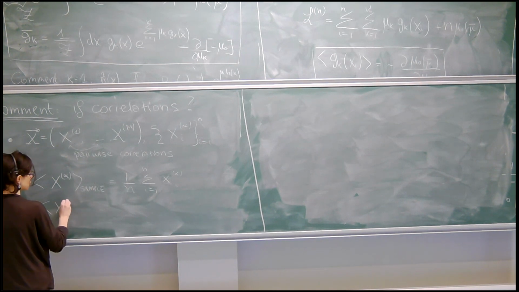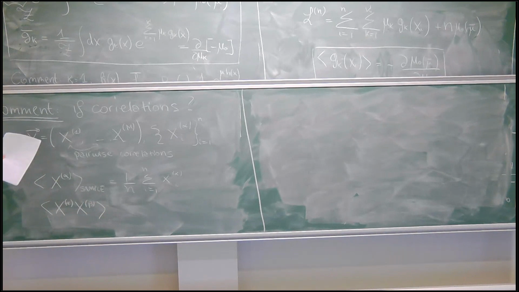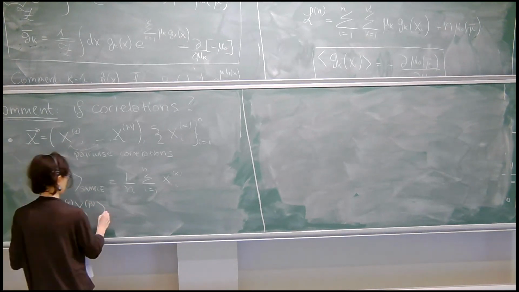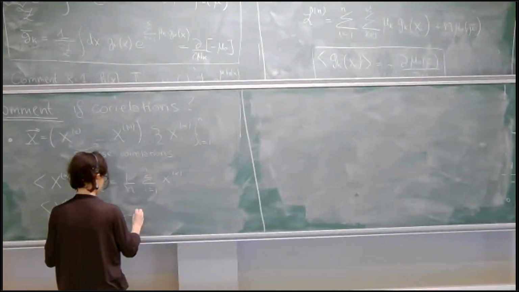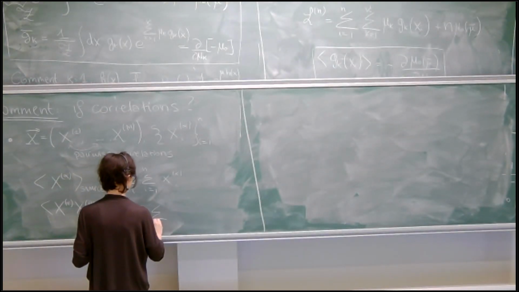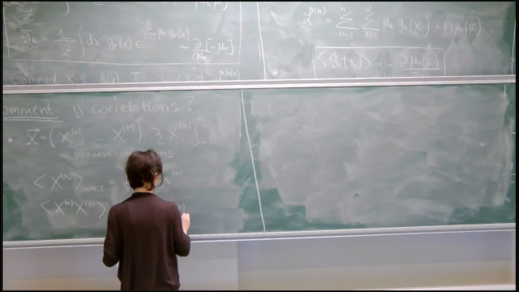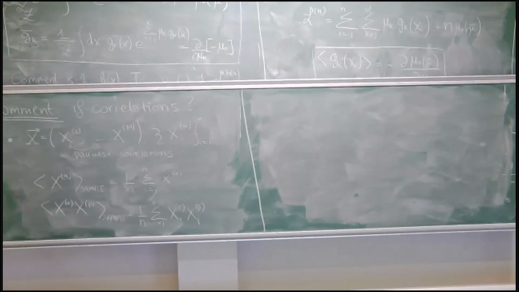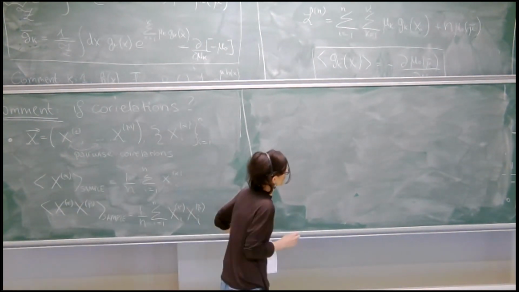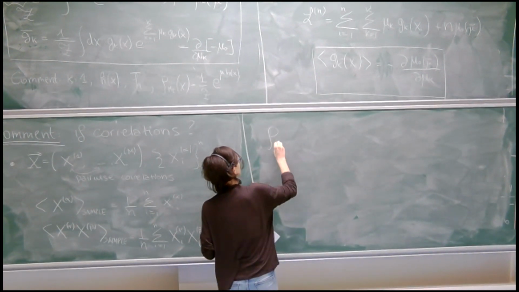And we can also introduce correlations between pairs of the components of these vectors computed on the sample. And this will be, as you expect, the same sum as above.